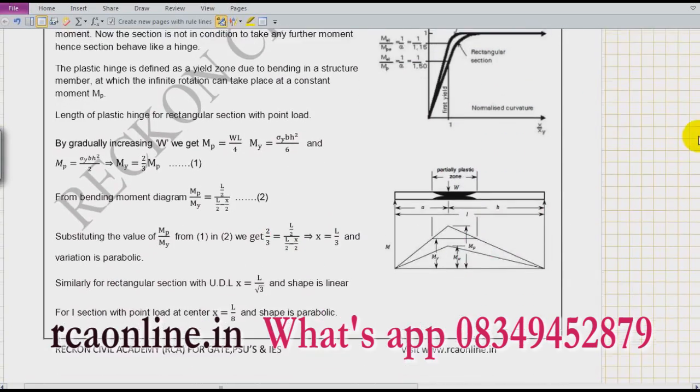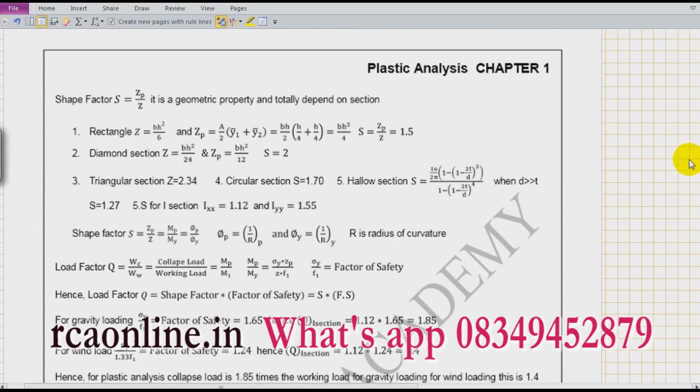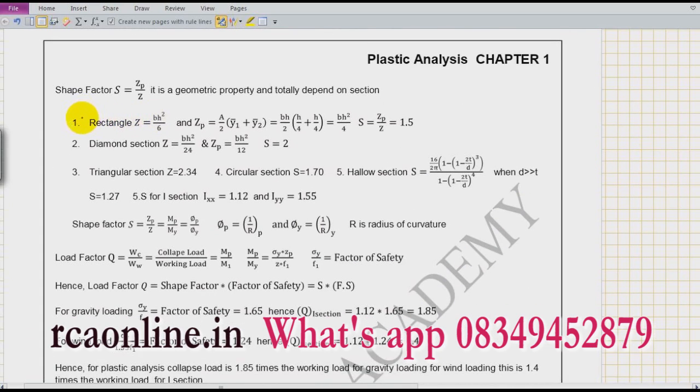From this we get a very important definition, which is shape factor. Okay, so what is shape factor? Shape factor is defined as MP over My. Is it okay? So what is MP? MP is the moment taking capacity at the plastic stage, and My is the moment taking capacity at the elastic stage.